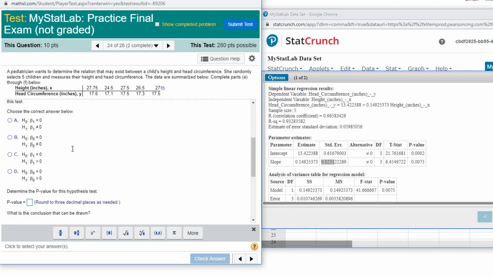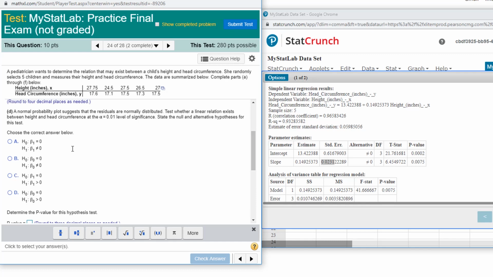Now, a normal probability plot suggests the residuals are normally distributed, just like we said. We want to test whether a linear relation exists between height and head circumference at alpha equals 0.01 level of significance. State the null and alternative hypotheses for this test.